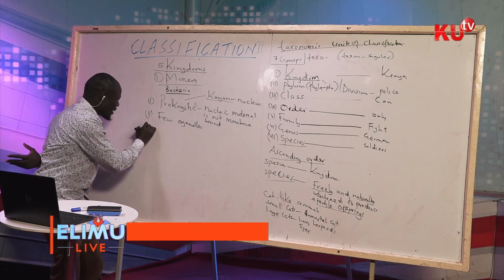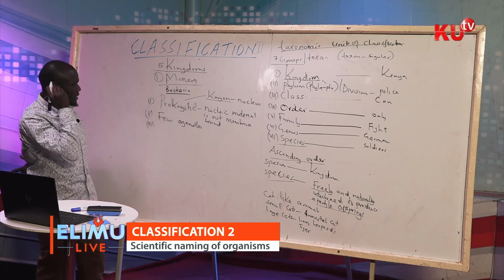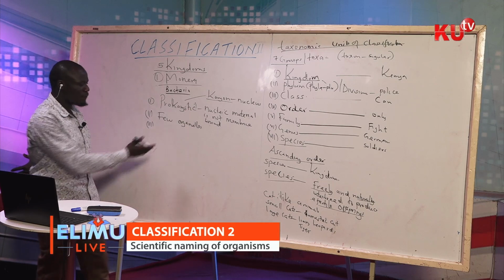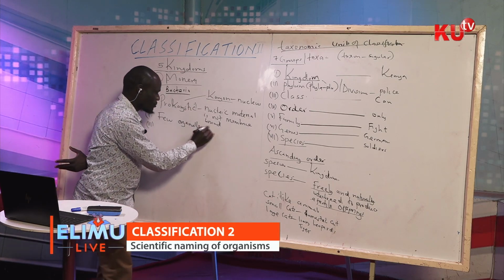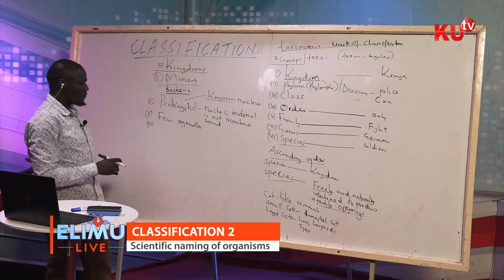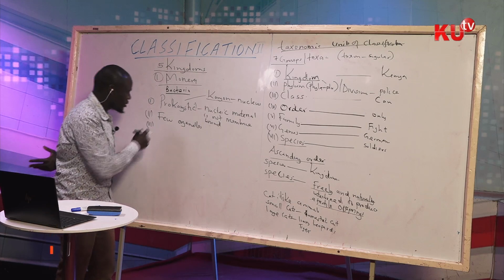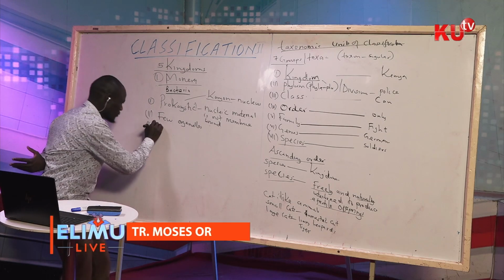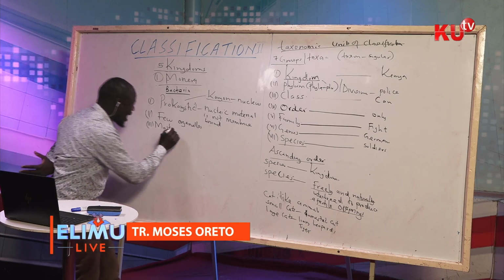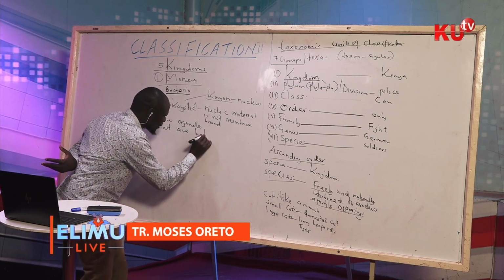Apart from being prokaryotic and having few organelles, we are also being told that these organisms, and use the word most, are heterotrophic. Most are heterotrophic.